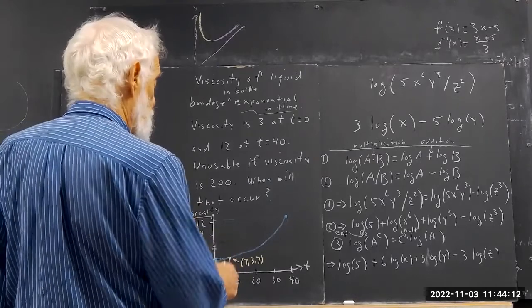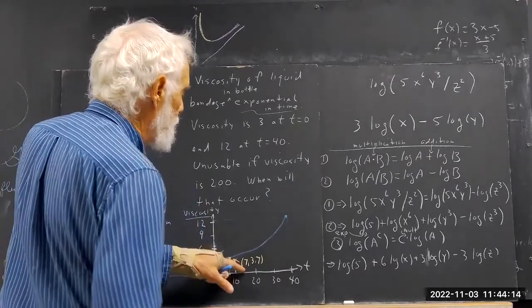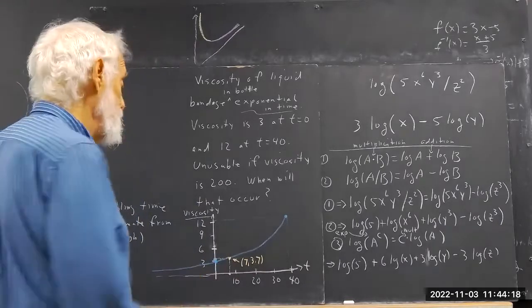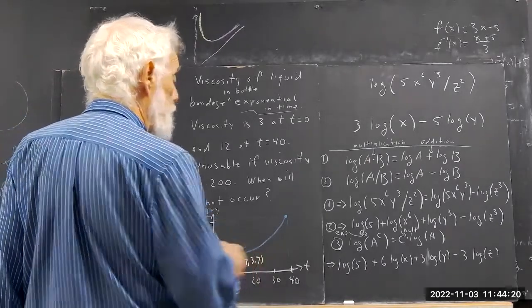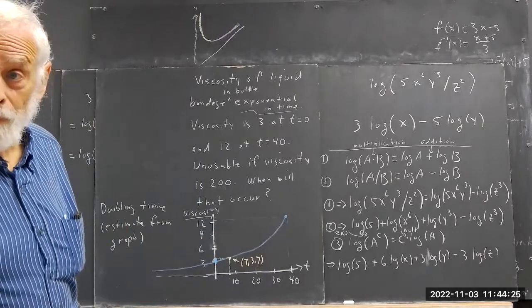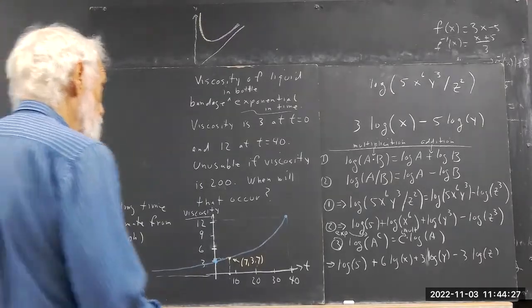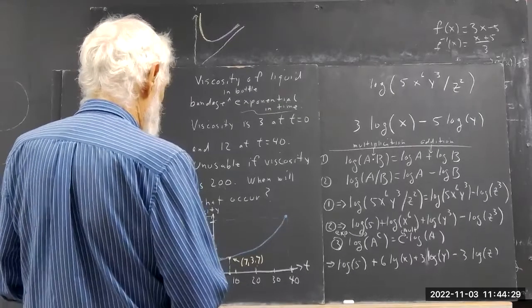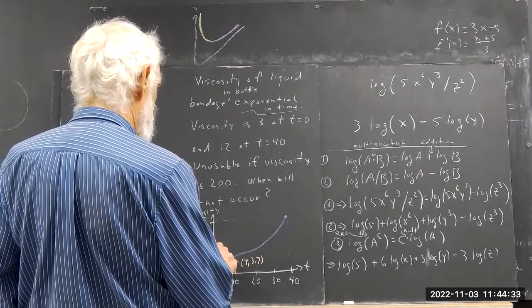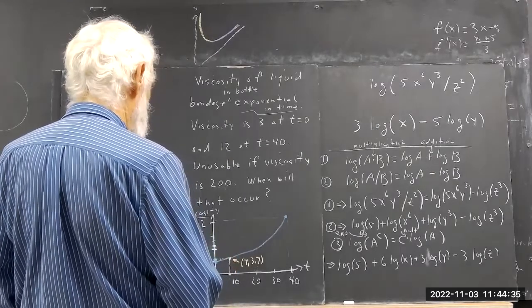But according to the graph, I'm estimating 0.7, 3.7. Now, if I want the thing to double, well, the viscosity is 3.7. If it doubles, it's going to be 7.4. Where's 7.4 on the graph? Well, here's 6, here's 7, here's 8.